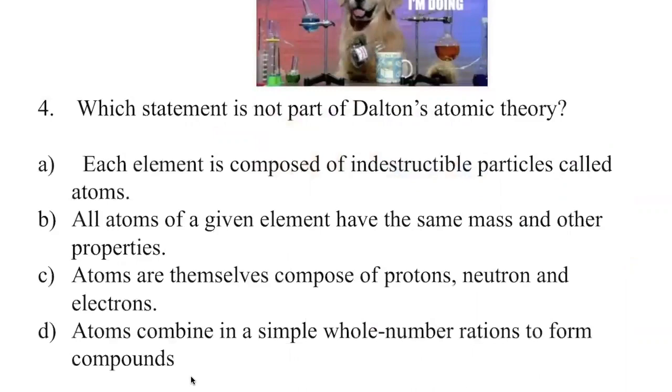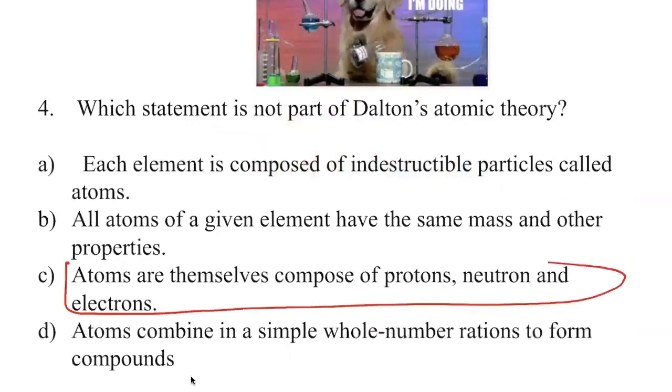The answer is C, because we found out that the atoms are composed of protons, neutrons, and electrons after Dalton's atomic theory. So this is not a part of Dalton's theory. The last one is: Thomson discovered the electron, so it's false.